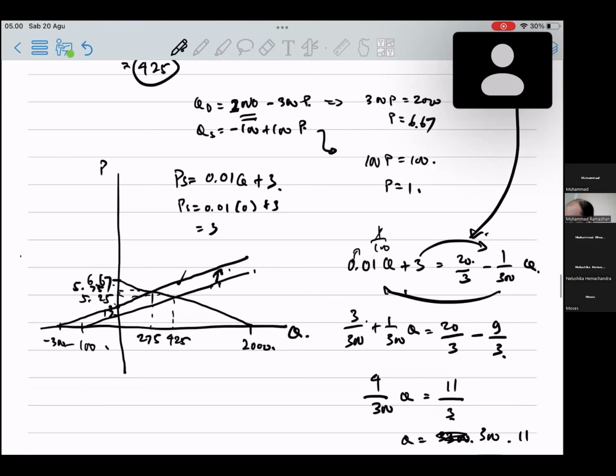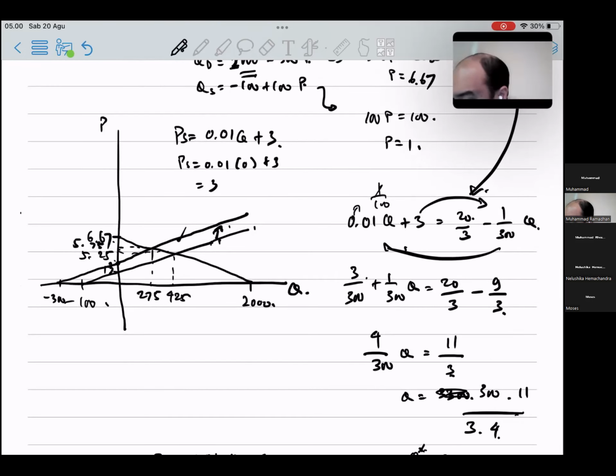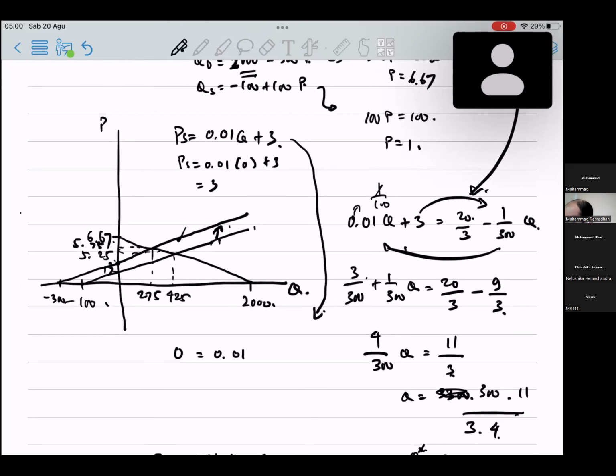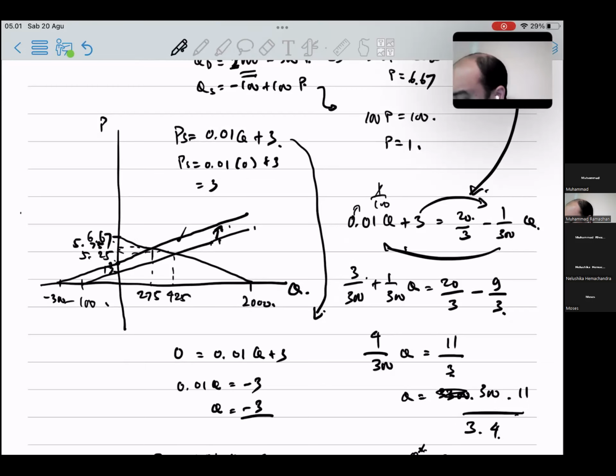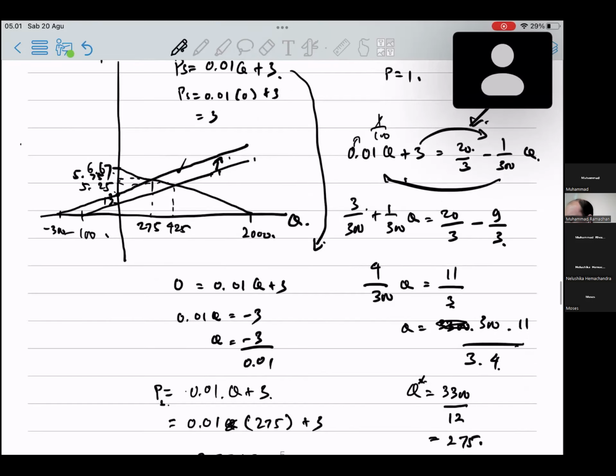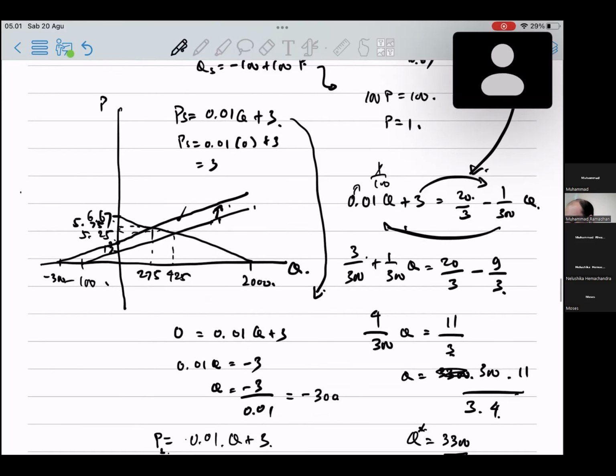And then for Q, when P is equal to 0, you can apply P equal to 0. So you get 0 equal to 0.01Q plus 3, 0.01Q equals minus 3, Q is minus 3 over 0.01, which is minus 300. So when P equals 0, Q is minus 300. Oh, okay. Thank you.